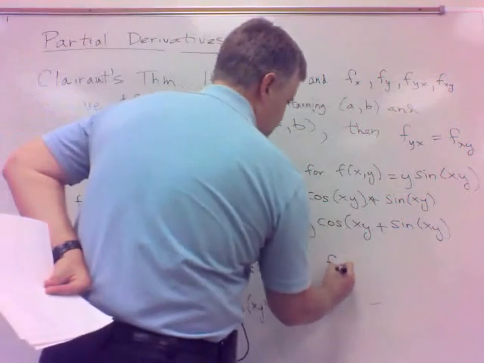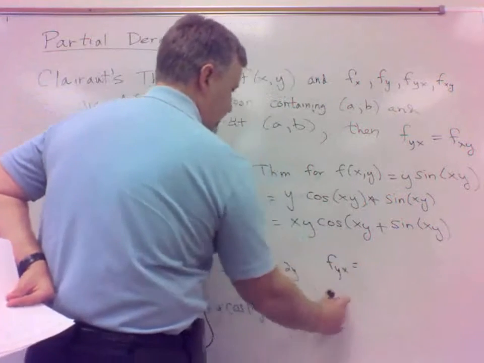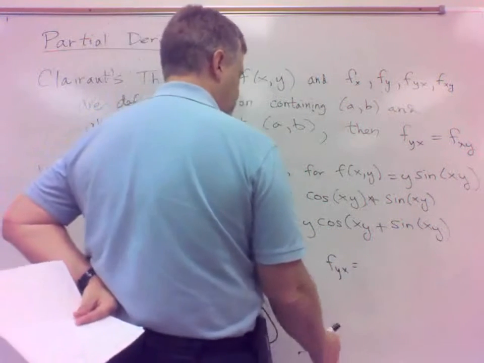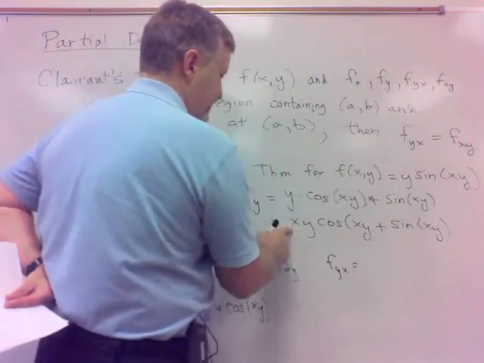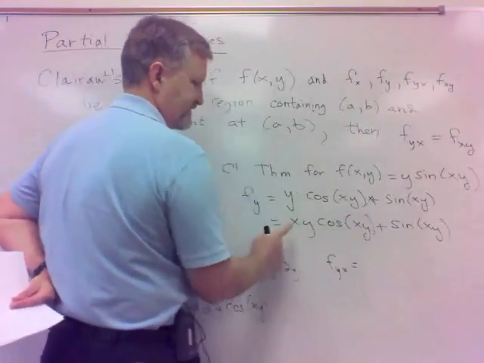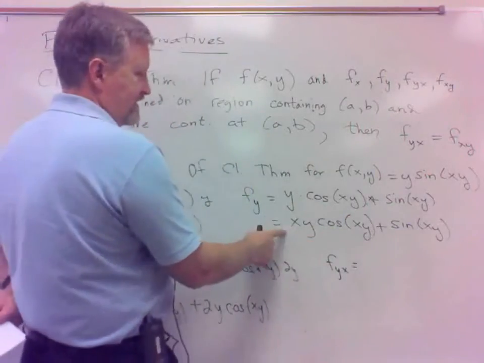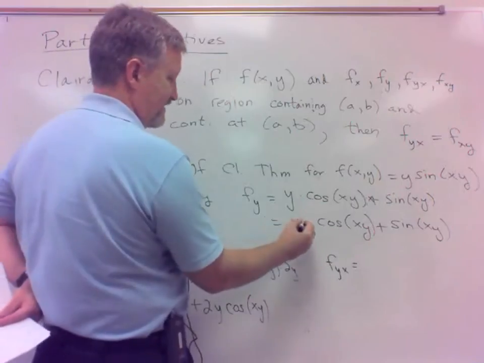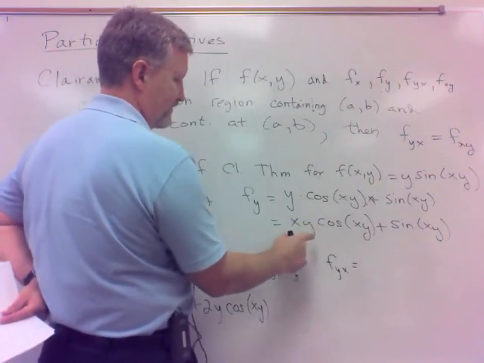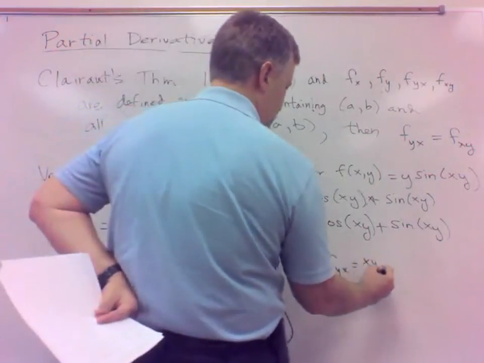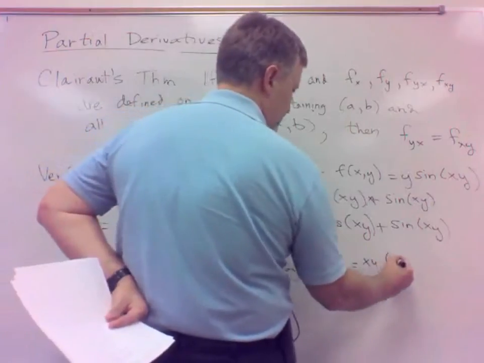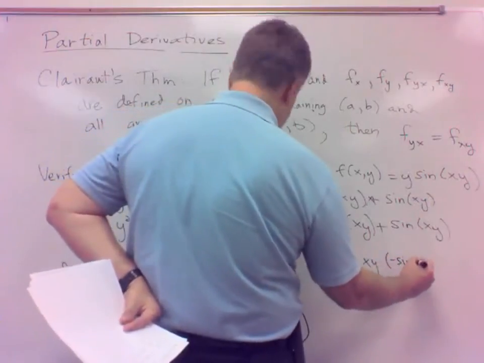All right, so the other one's f of yx, so we're doing the derivative with respect to x of this. So xy times the derivative of that would be negative sine xy.